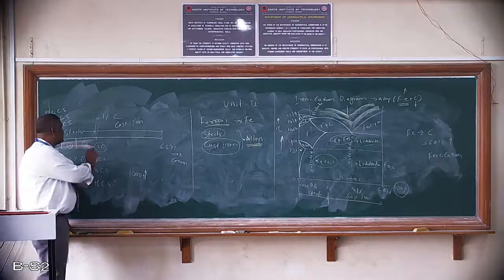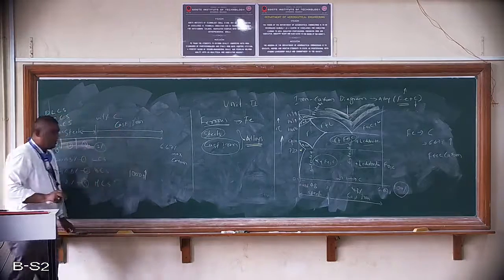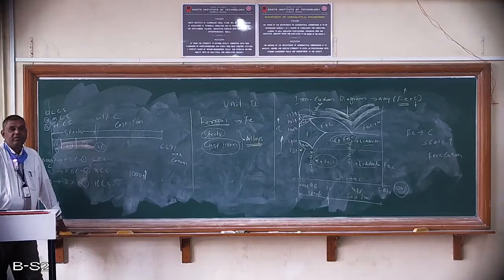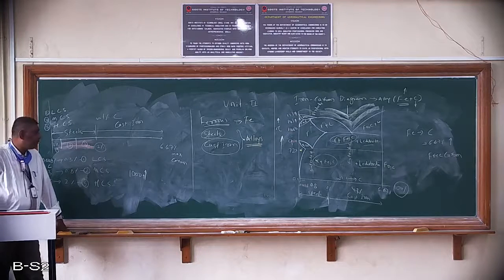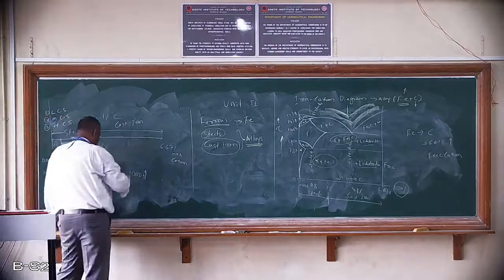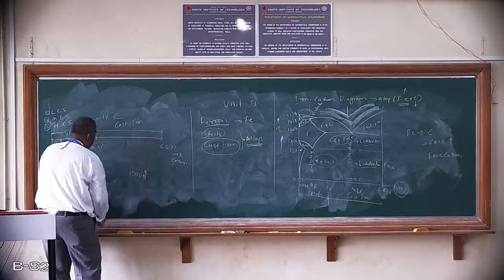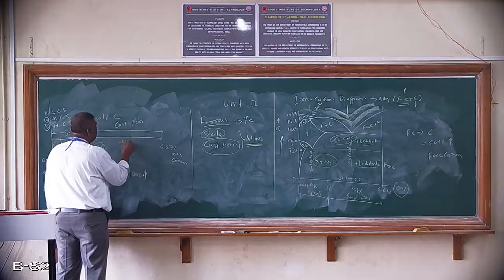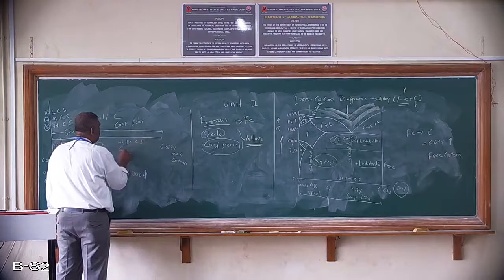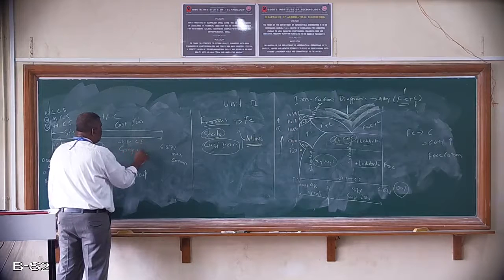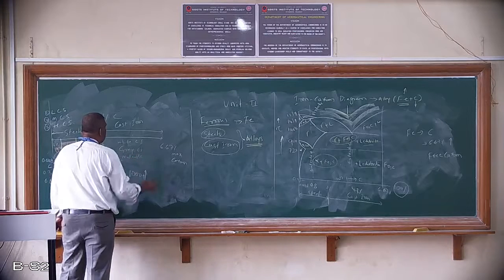Okay. So steels and cast iron are basically types of ferrous alloys. Again this cast iron is further classified as white cast iron, grey cast iron, malleable iron, nodular cast iron.